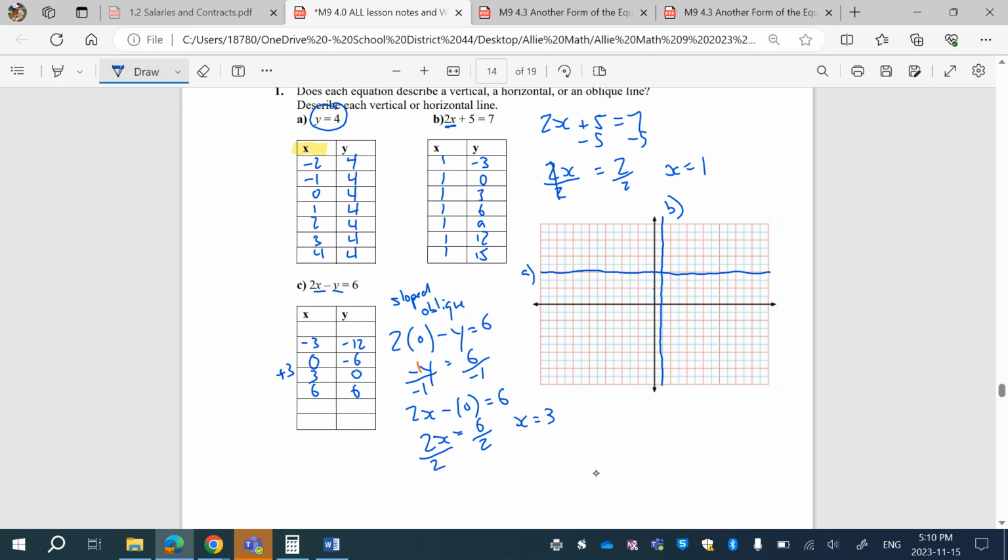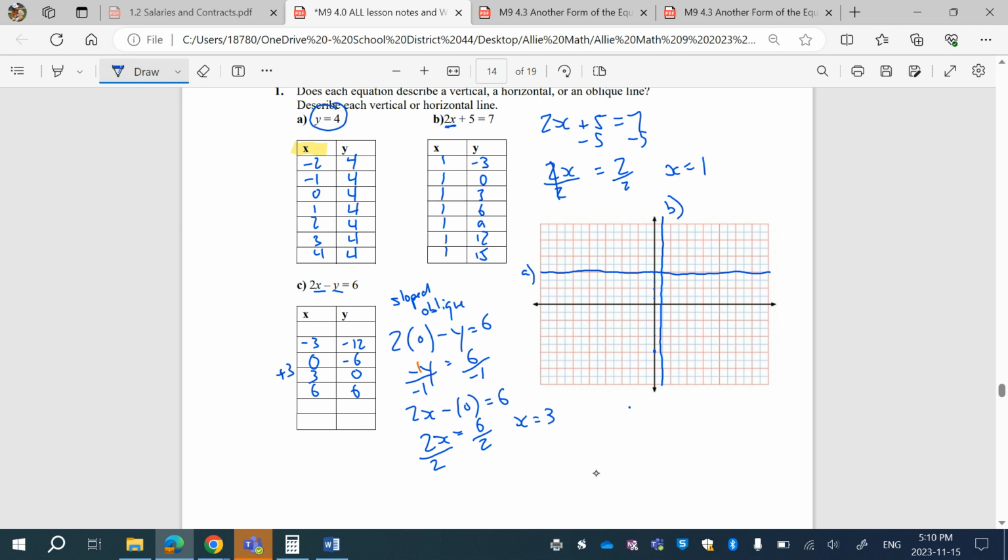If we are at negative 3x, 1, 2, 3, we are at negative 12y: 1, 2, 3, 4, 5, 6, 7, 8, 9, 10, 11, 12, way down here. If we are at 0x, we're at negative 6y: 1, 2, 3, 4, 5, 6.